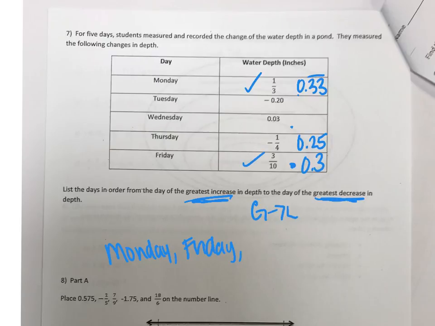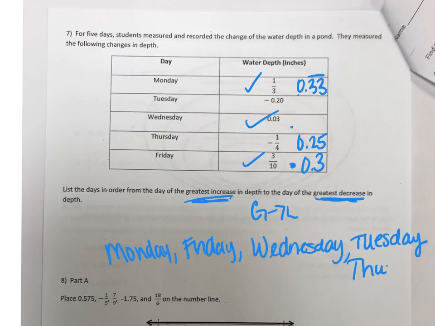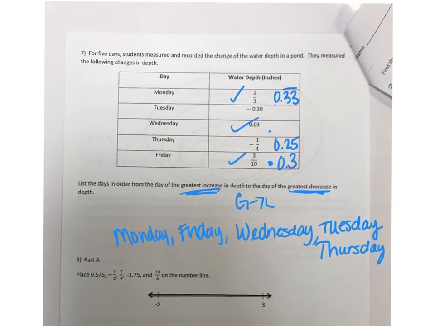And then it's going to be Wednesday. And then it's going to be Tuesday. And then it's going to be Thursday. Okay, so that takes all of your numbers up as they go.